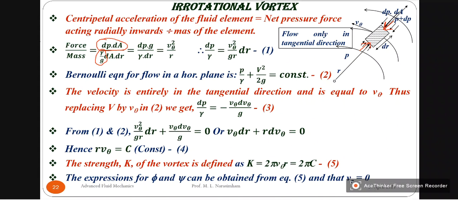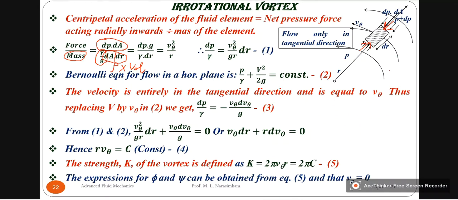So therefore, gamma by g is actually rho, mass density. Mass density is defined as mass by volume. So if we multiply the mass density by volume, you will get mass. What is the volume? dA is the area of the element and dr is the length.